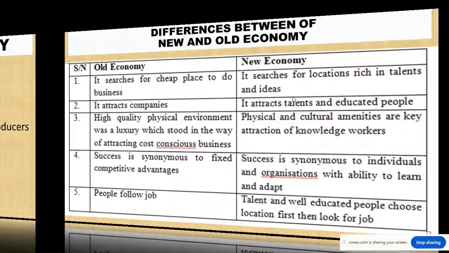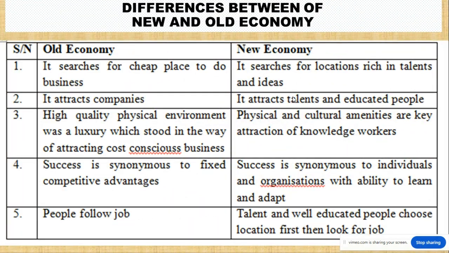Now let's look at the differences between the new and old economy. Look up, students. I hope you are jotting down, because we are going to make use of our applicants. Old economy searches for cheap places to do business, of course, while the new one is searching for locations rich in terms of talent and ideas. The old attracts companies. The new attracts talents and educated people, and that's why we are talking about tech skills.